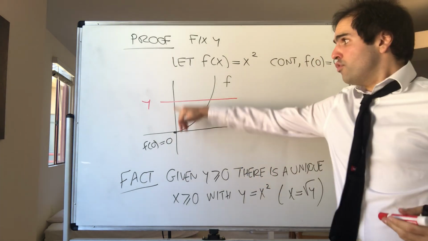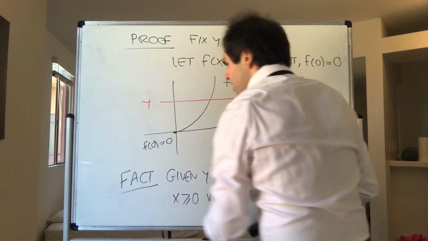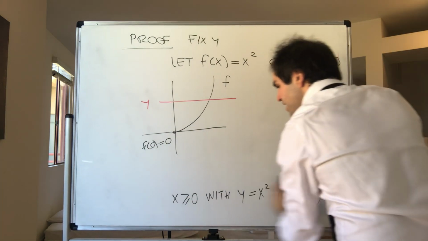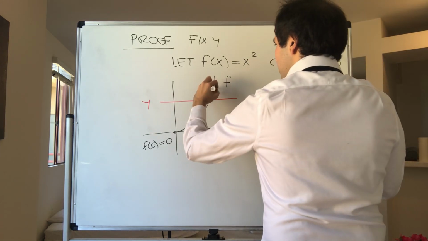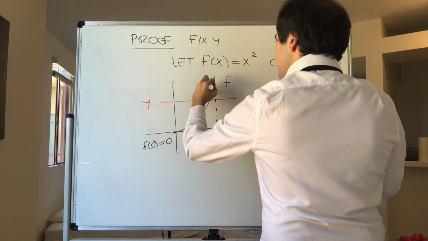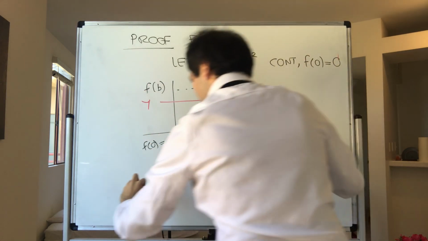Notice, it's enough to find some value of f that is bigger than y, because then we can just apply the Intermediate Value Theorem. So just a little fact, there is a b such that f of b is greater or equal to y.